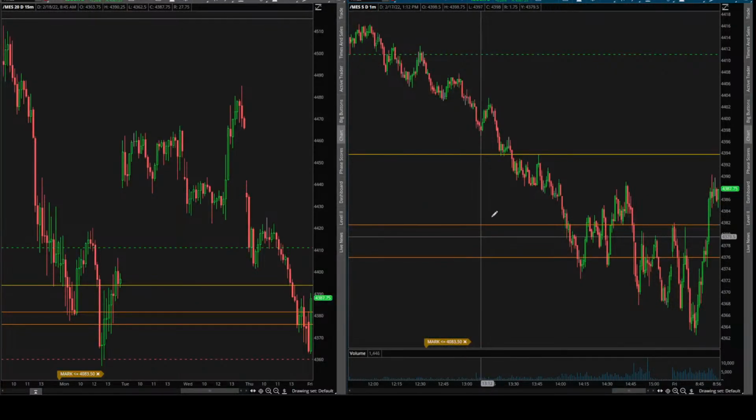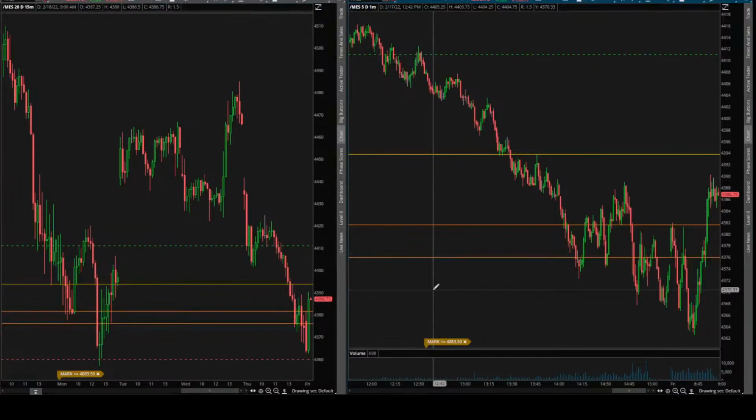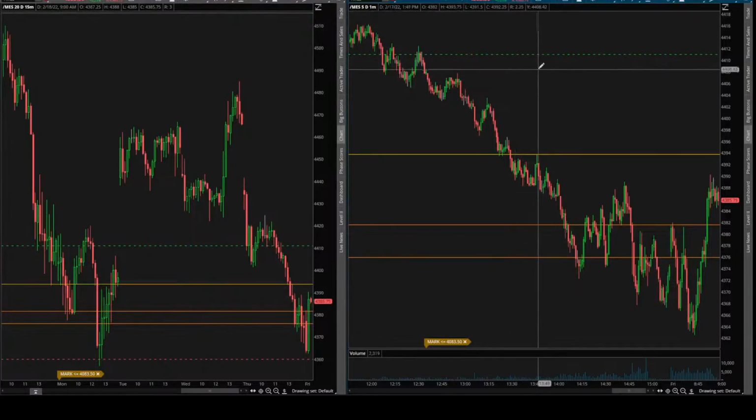Wondering if we pull down and then push higher up into here. So if we get above this line, next target would be up in here, 08 to 10, bumping against that overnight high.